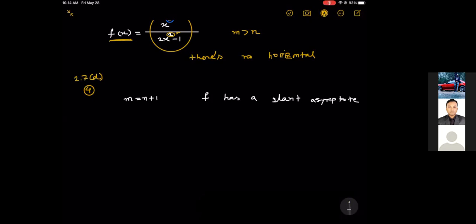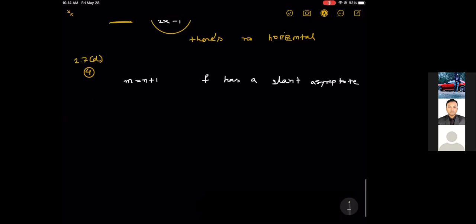And the function, again, will either approach positive infinity or negative infinity when x approaches either side of infinity.